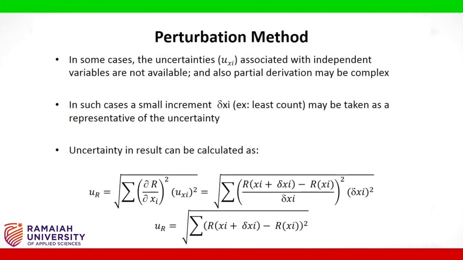In some cases, the uncertainties associated with independent variables are not available, and also partial derivation may be complex. In such cases, a small increment delta xi may be taken as a representative of the uncertainty. The least count of an instrument can be an example for the small increment.